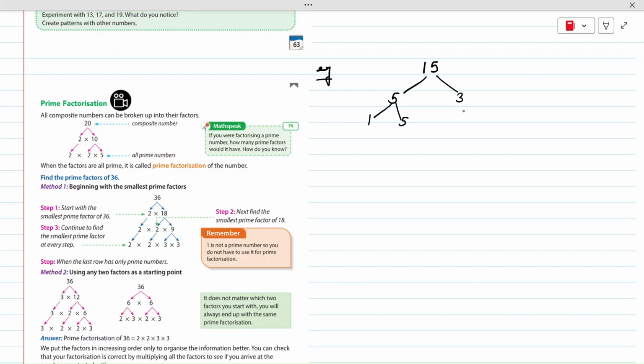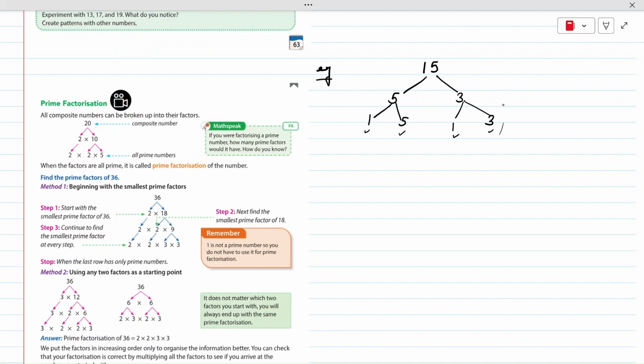Similarly, the factors of 3 are nothing but 1 and 3 itself. So we cannot further break down these numbers. We cannot break down 1, 5 or 3, and we also see here that 5 and 3 are prime numbers.